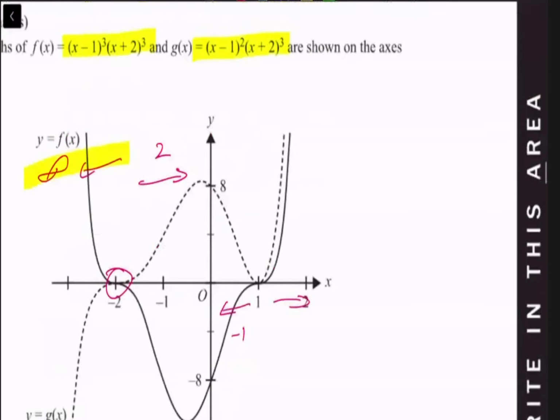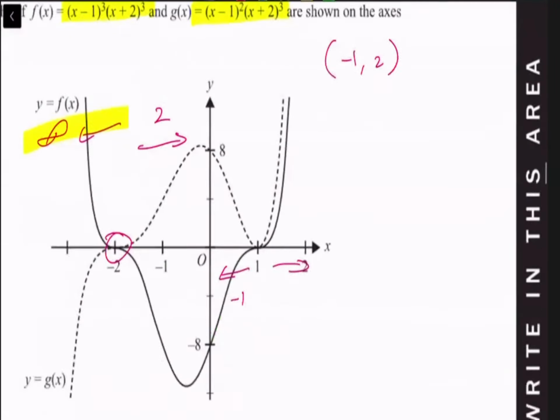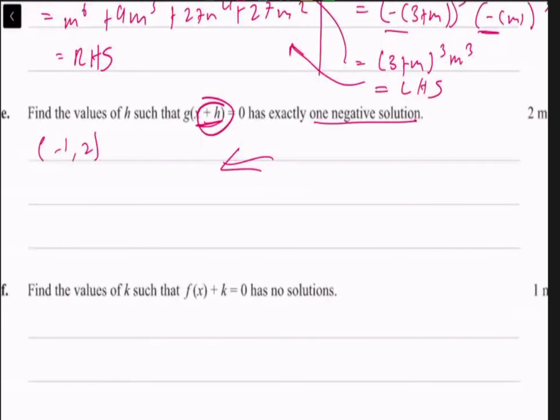So our total transformation, I guess, is 1 to the left and 2 to the right. But h, because it's plus h, is a transformation to the left. Before we said 2 to the right and 1 to the left, considering plus is positive to the right, but in this case plus is positive to the left.